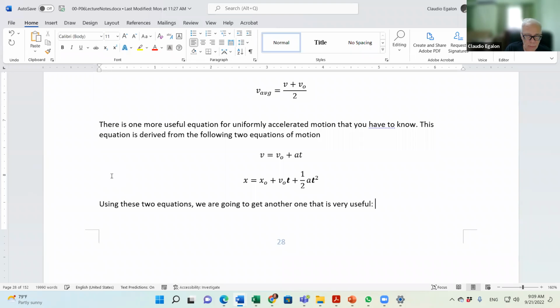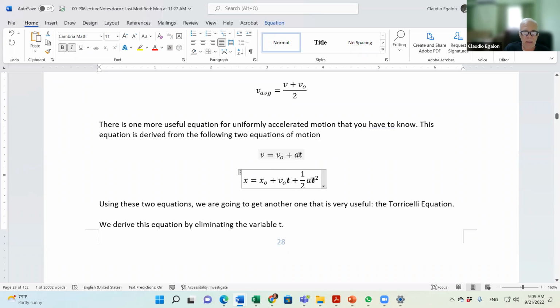It's called the Torricelli equation. The equation of Torricelli. So how do you derive that? We derive this equation by eliminating the variable t. That's why I bold-faced it. So let me bold-face it here as well.